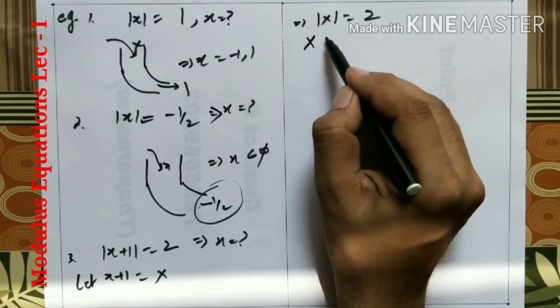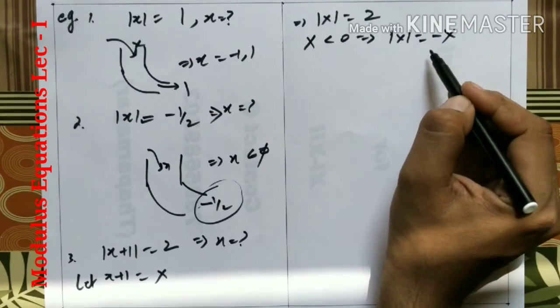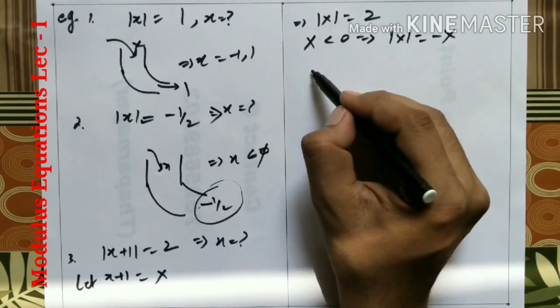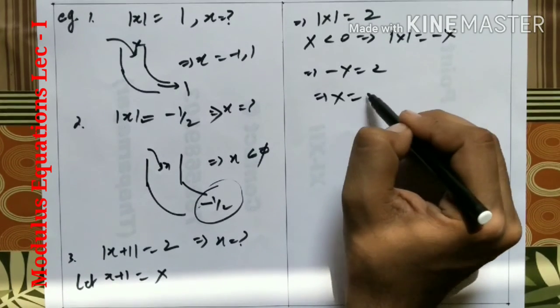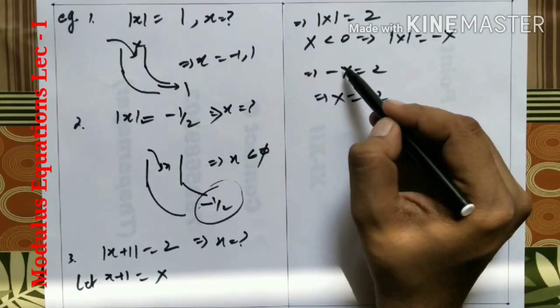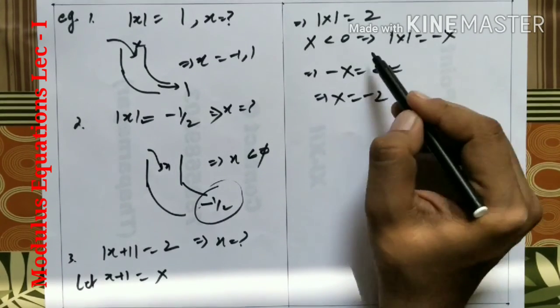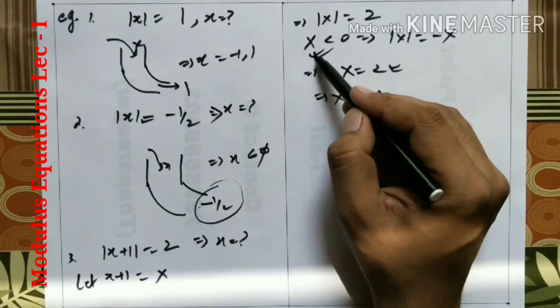Clearly, if capital X is less than 0, in this case mod of X will become -X, as we have defined in the definition of modulus. So the equation will become -X is equal to 2. So that means X is equal to -2. Now, because this equation is the outcome of this assumption, the answer of this equation should satisfy this assumption.